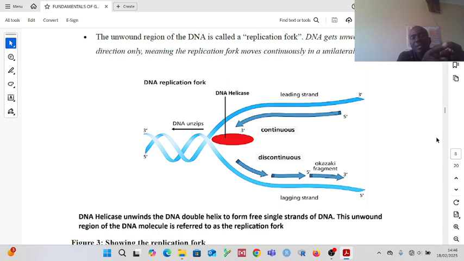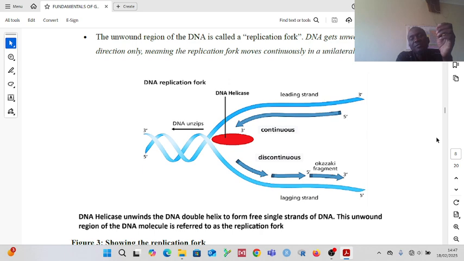So where it has reached, that is now our DNA replication fork. Okay. It's opened up, so that is our DNA replication fork. The first stage is the creation of the DNA replication fork.